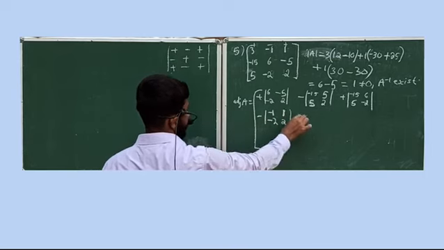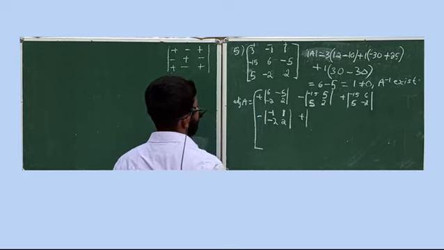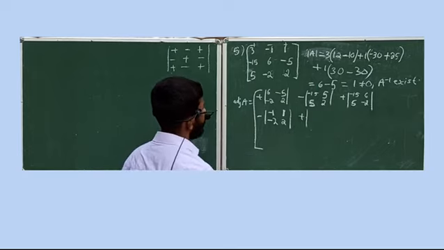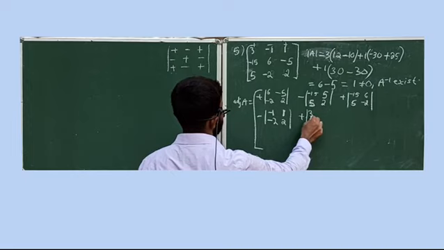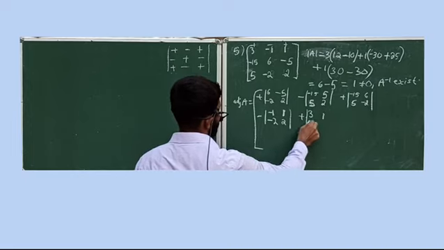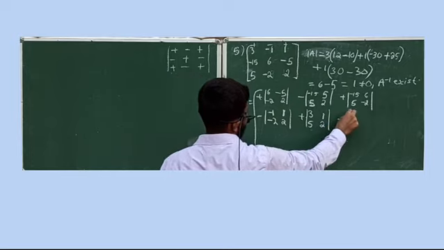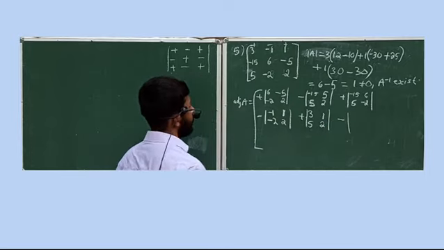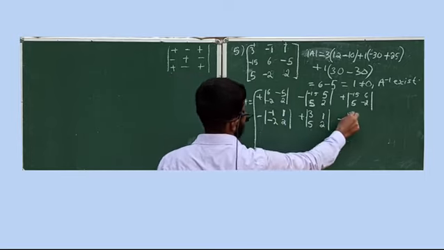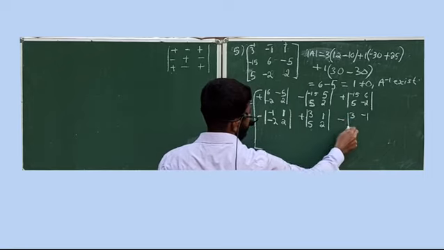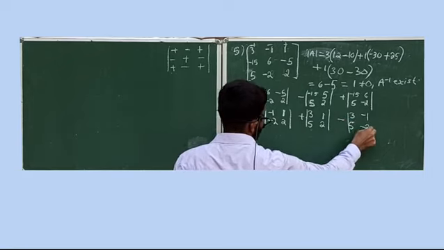Next plus determinant, second row and second column you need to delete, so we will get 3 1 5 2. Then minus determinant, delete the second row and the third column, 3 minus 1 5 minus 2.